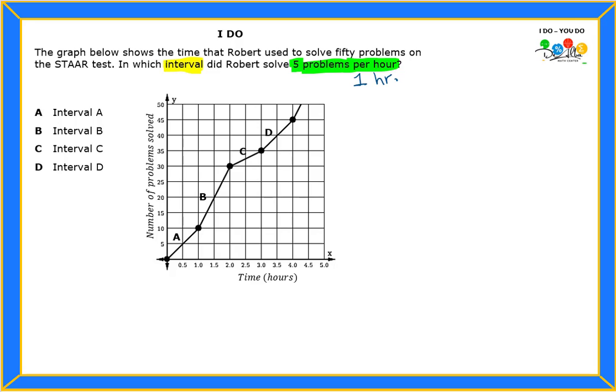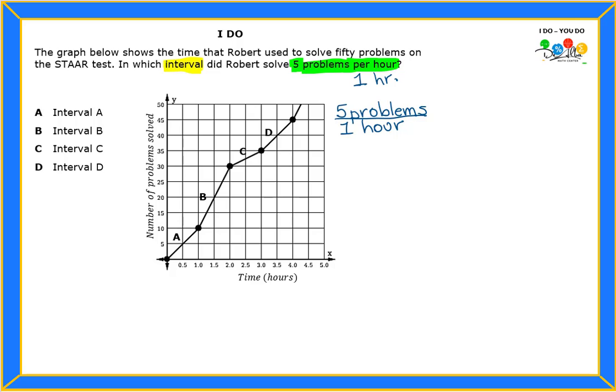I'm actually gonna go backwards here. The first thing that I want you to do is write down the answer that is given to you. So this one says 5 problems. I'm gonna write it like that. Per hour means in 1 hour.